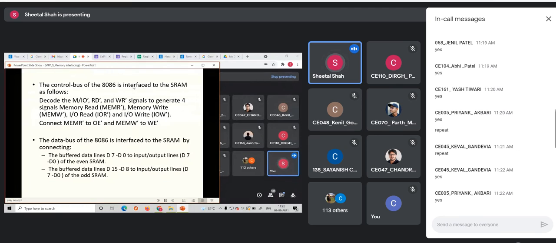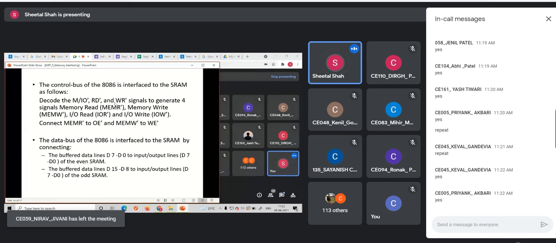What we can do is, the control bus of the 8086 is interfaced to the SRAM as follows. We have to decode the M/IO bar, read bar as well as write bar signals. So how can you decode it?